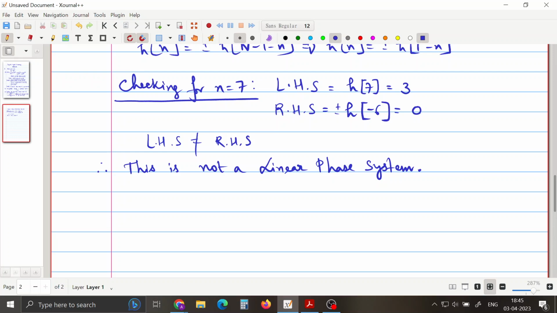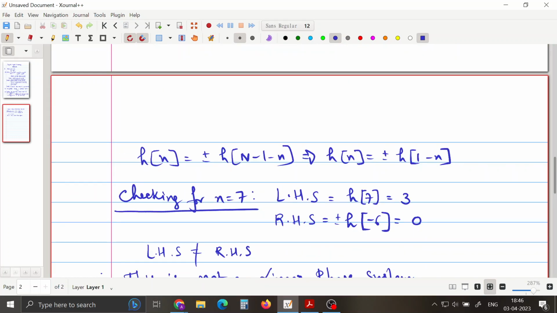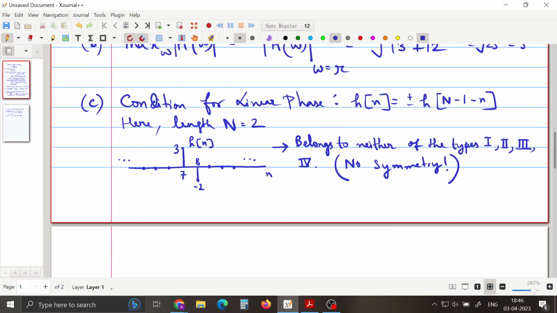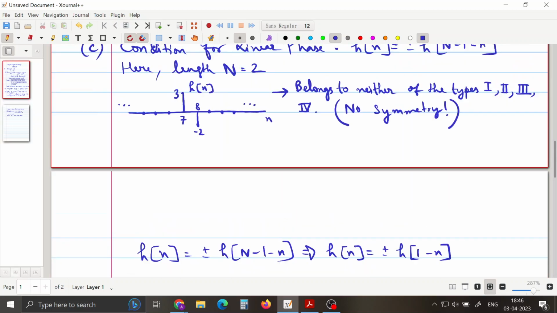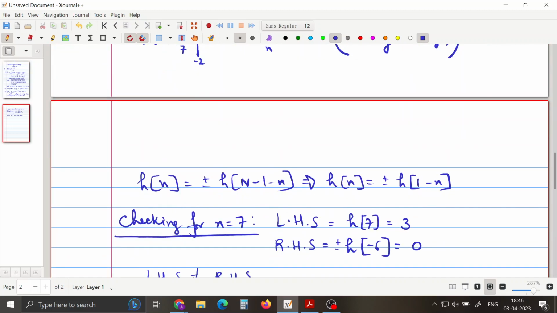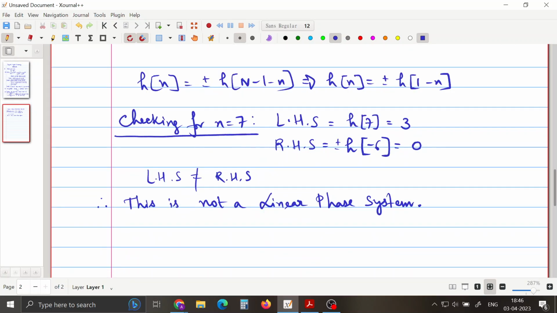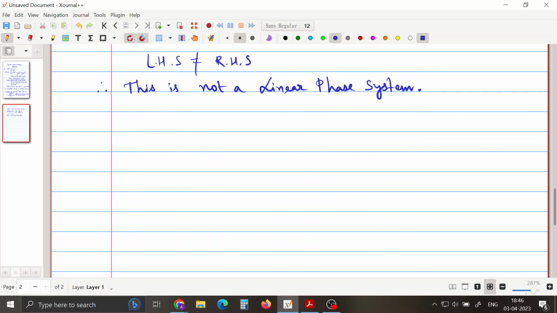So we have looked at a simple example on how to check systems with linear phase. Okay, so hopefully it's pretty straightforward and clear.